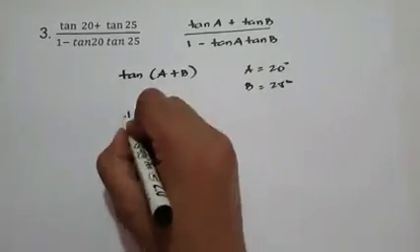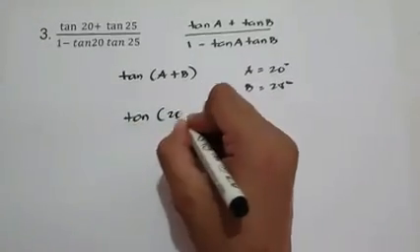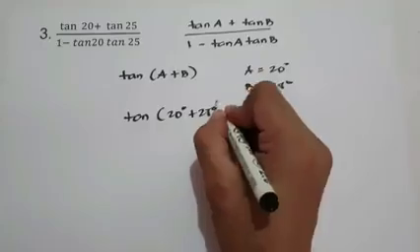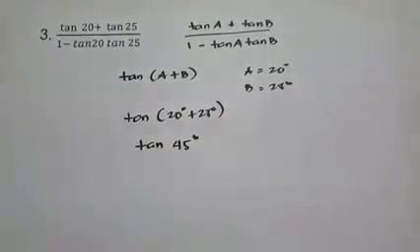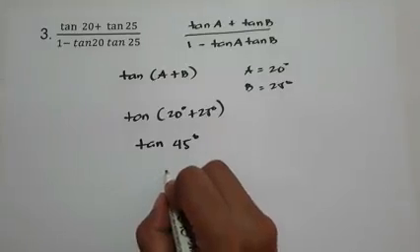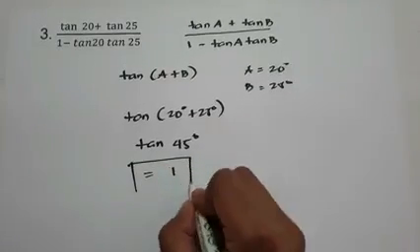So therefore, tangent 20 degrees plus 25 degrees is tangent 45 degrees. And tangent 45 degrees is 1. And this will be our answer.